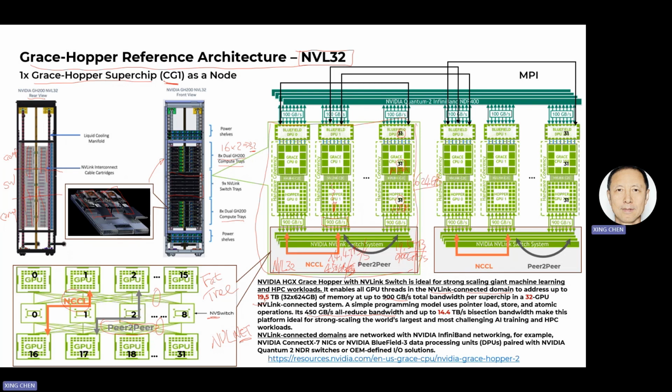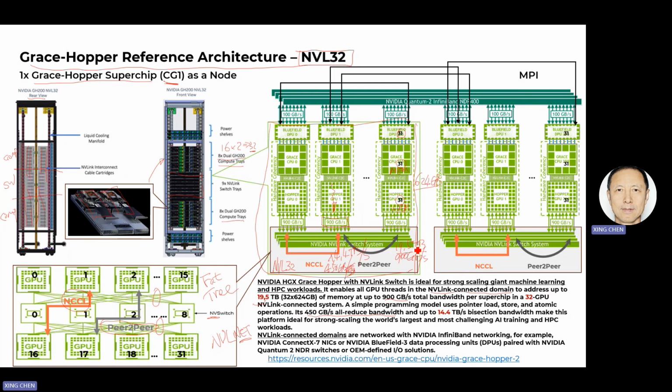If you still remember in the previous slide, we talked about NVL256. We have noted the numbers for NVL256. Now we have noted the numbers for NVL32. Just remember that NVL32 is 8 times smaller than NVL256.